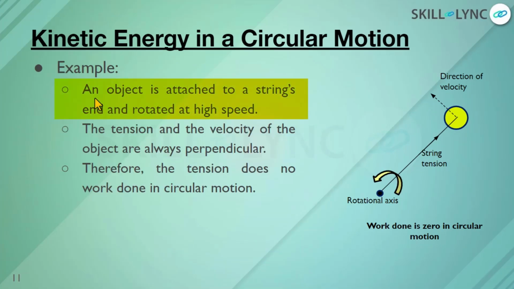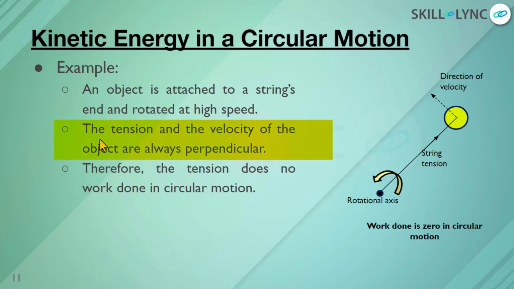Suppose an object is attached to a string and rotated at a high speed. This ball is attached with a string and it is rotated at a high speed. Then the tension and the velocity of the object are always perpendicular.